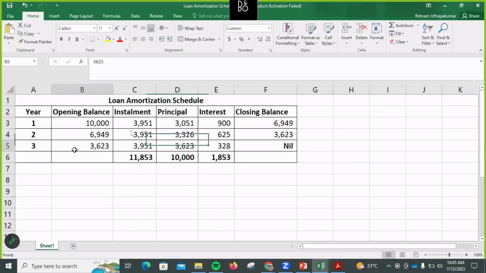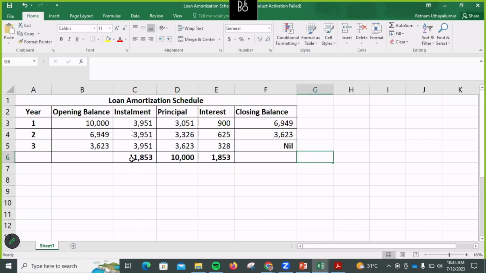Then this closing balance becomes the opening balance in the following year. Then the interest is calculated again, and deducted from the installment to get the principal amount, which is deducted from the opening balance. Then finally there will be no balance, the closing balance would be telling.